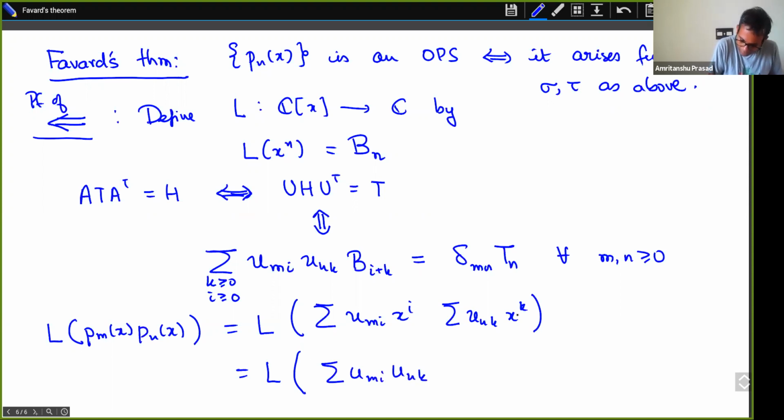And then we have x to the i plus k. So I can take this L out and put it here, b_(i+k).